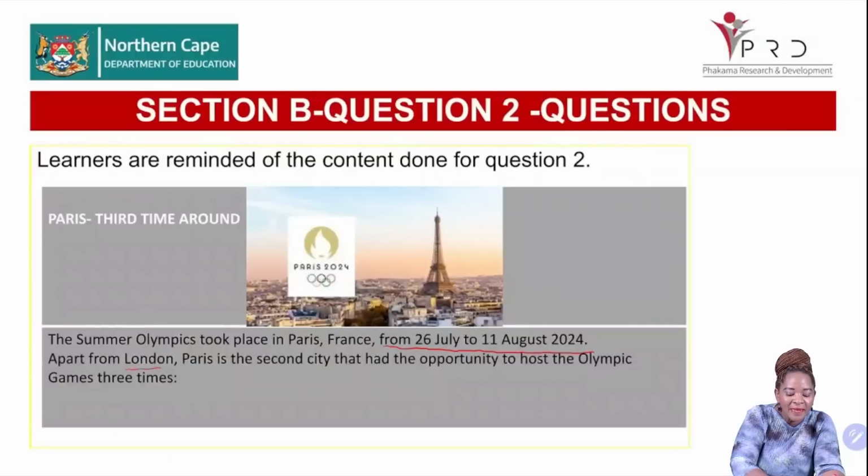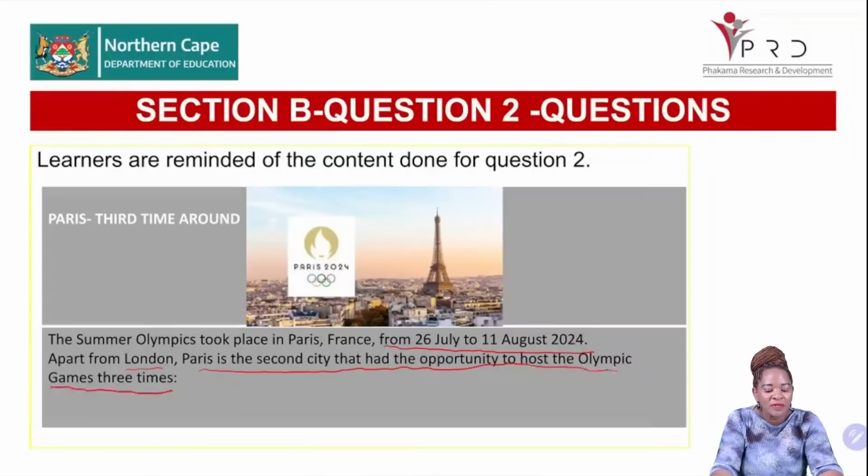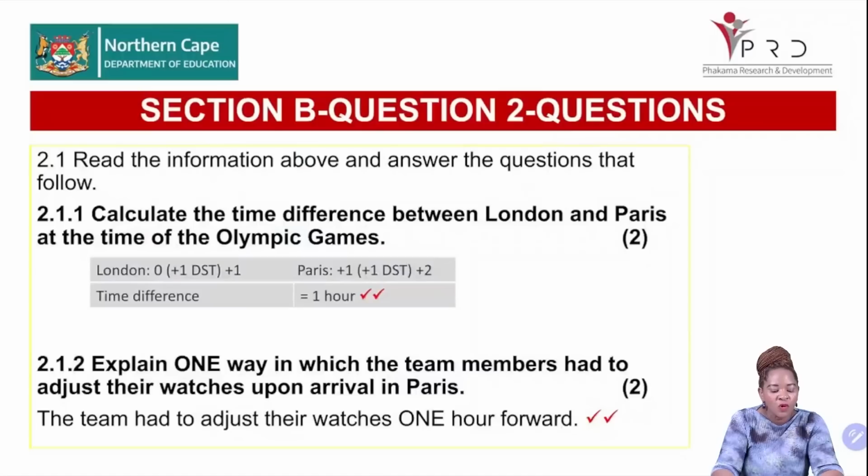Apart from London, Paris is the second city that had the opportunity to host the Olympic Games 3 times. Now, this is just an example of a question that you might expect, in fact, in question 2. Now, let us go to 2.1. Read the information above and answer the questions that follow.